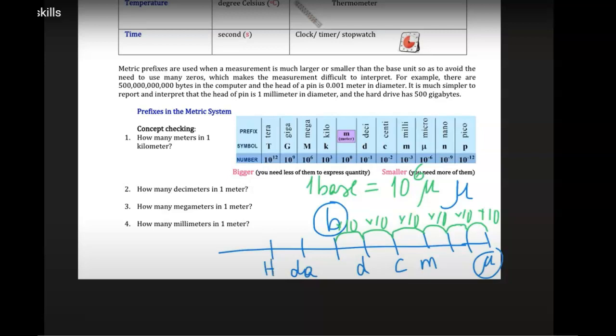And if you have something that's 1,000 times bigger, that would be kilo, so capital K. If I want to know the relationship between, let's say, kilo and base, all I have to do is think, okay, this is 10 times bigger, 100 times bigger, 1,000 times bigger, right? So 1 kilo equals 1,000 base. Note that since kilo is bigger, you need fewer of them than you need smaller units, which is base in this case.